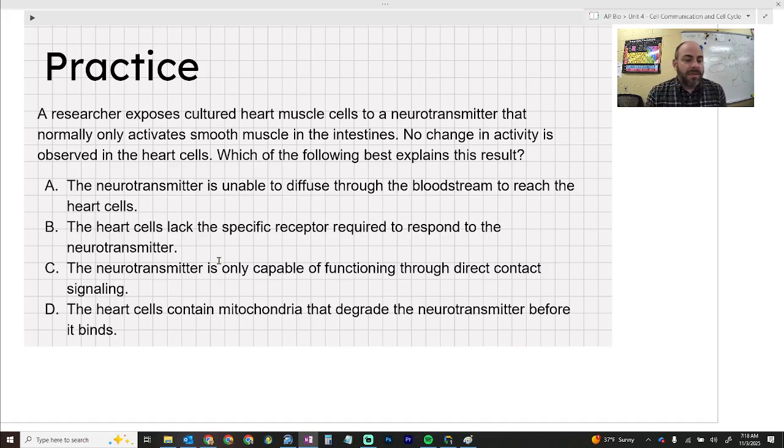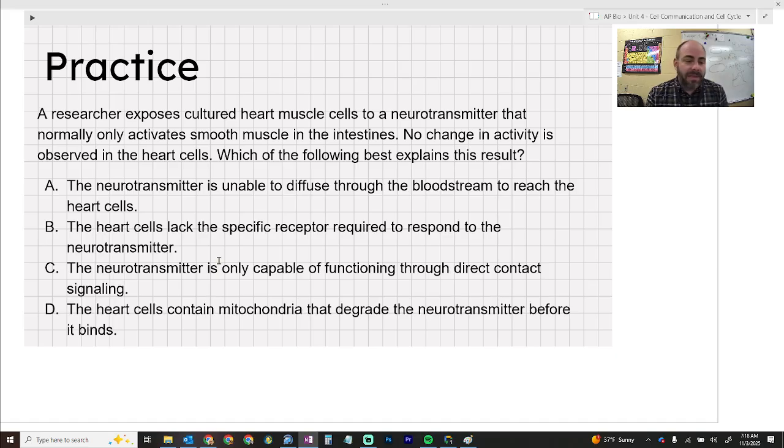No change in activity is observed in the heart cells. Which of the following best explains these results? I've already said what I'm going to look for in A, B, C, D, right? That neurotransmitter is specific to smooth muscle, and the heart muscle is not going to be activated by it.